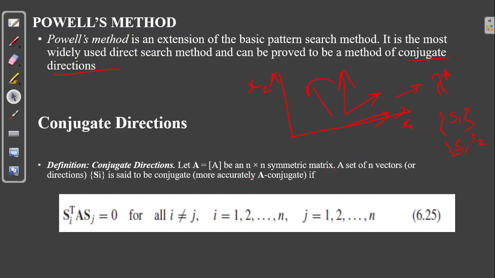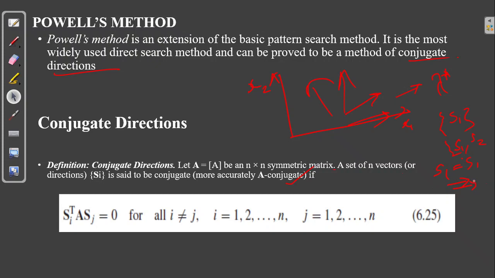Two directions are said to be conjugate with respect to A if and only if Si transpose into A into Sj equal to 0, for all i not equal to j. If S1 equal to S1, then these are the same vectors, so parallel vectors.